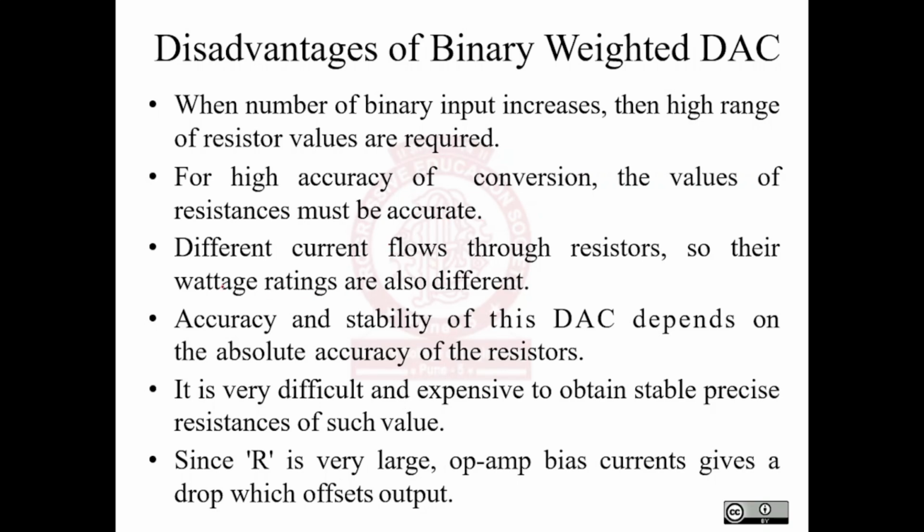If we take more resistors, the accuracy is not stable. The accuracy and stability of the DAC depend on the accuracy of the resistors, which will be difficult if we take more resistors for more digital inputs. Thus, considering R is very large, the op-amp bias current gives a drop, which is the offset output voltage.